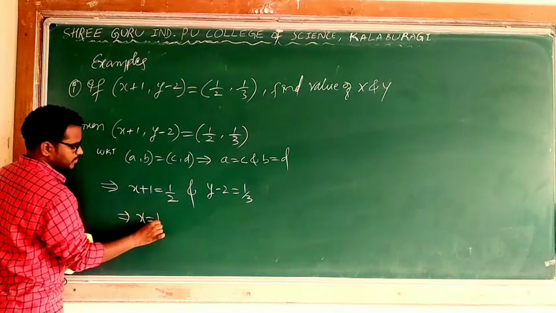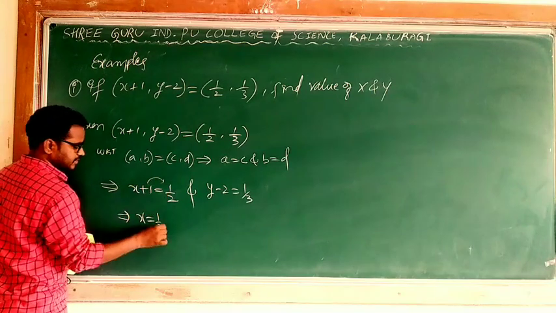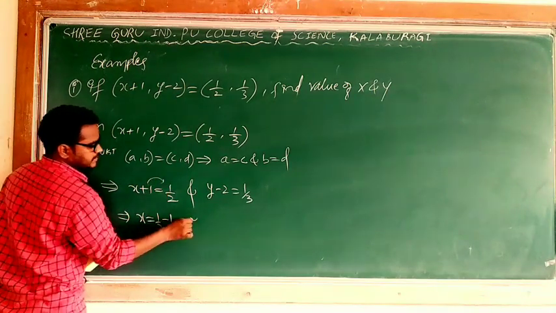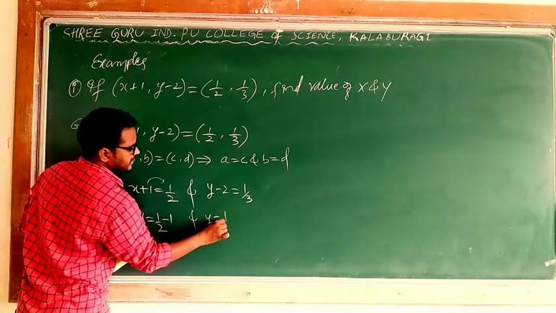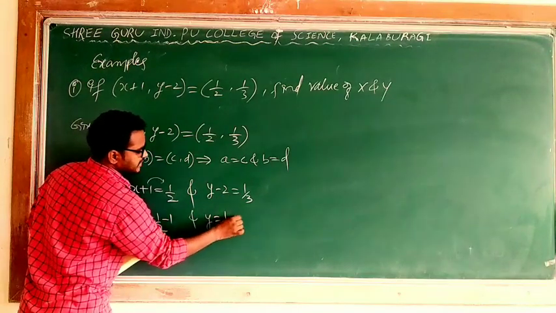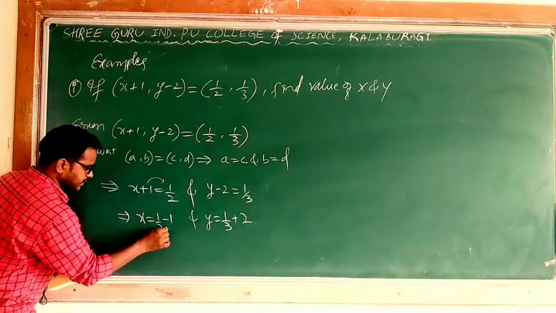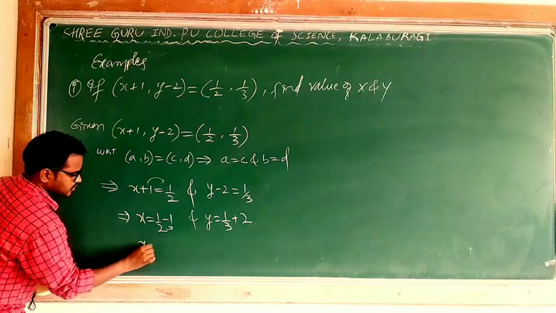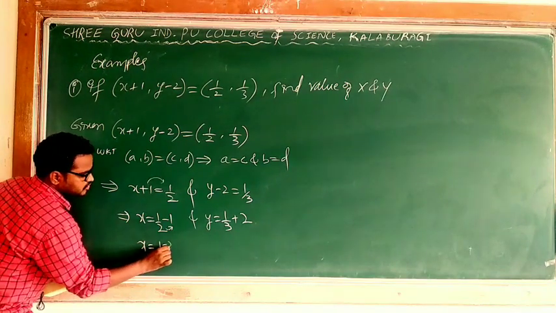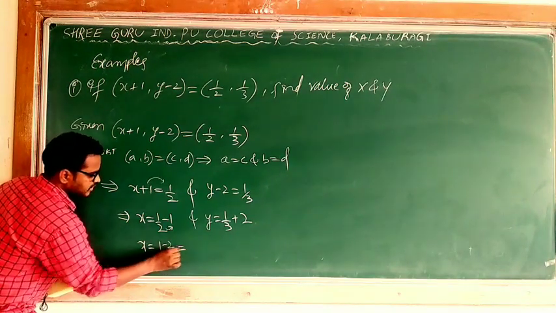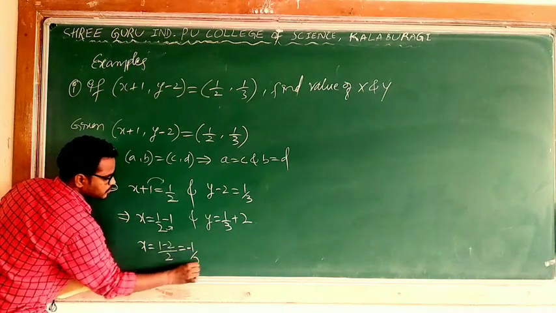x is equal to 1 by 2, taking plus 1 to that side, it becomes minus 1. And y is equal to 1 by 3, taking minus 2 to this side, it becomes plus 2. So x is equal to (1 minus 2) divided by 2, which is minus 1 by 2.